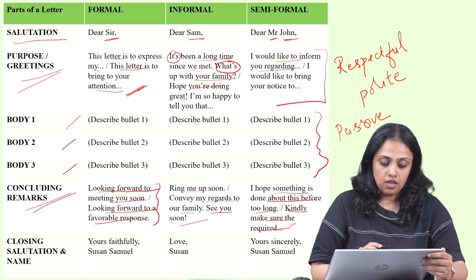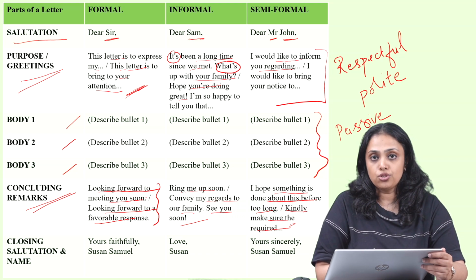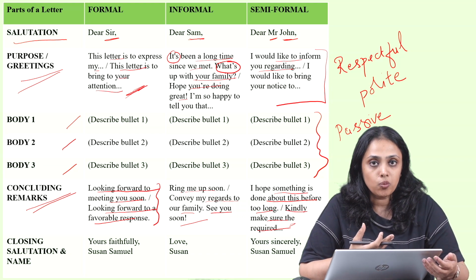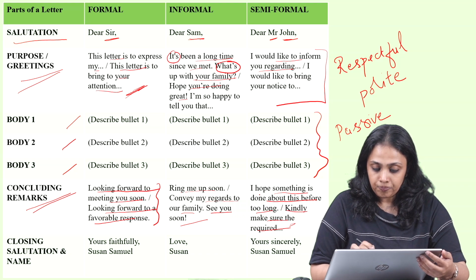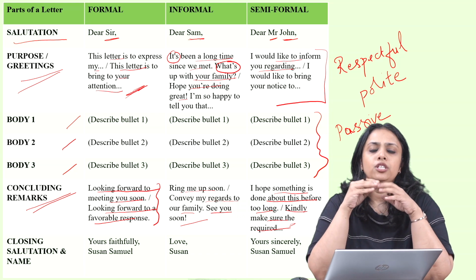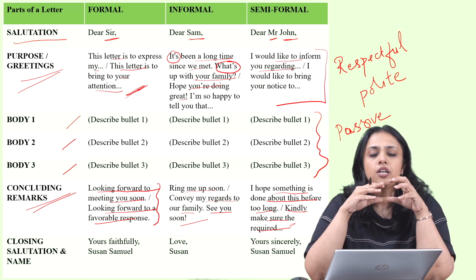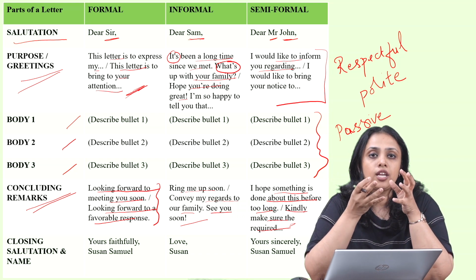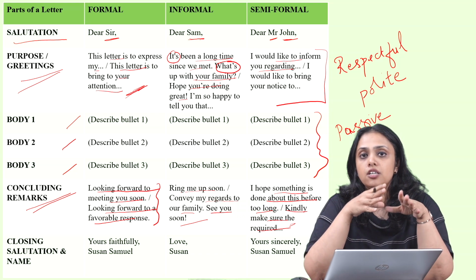For instance, if you look at this concluding remark, looking forward to meeting you soon. So you have not mentioned, I am looking forward, no. But when you look at the semi-formal version, how is it mentioned? I hope something is done about this. Now, what you need to understand is that when it comes to formal letter type, you'll be using more of a passive kind of sentence construction, wherein you give more importance to the action than to yourself, than the doer.